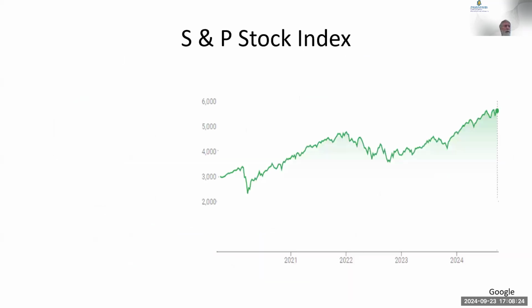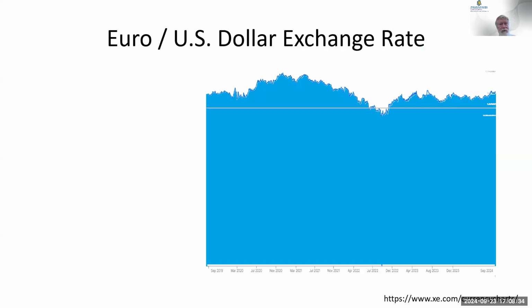There's the Standard & Poor's. Standard & Poor's is an index of 500 stocks on the New York Stock Exchange, and it's been going up, not steady, but not very volatile. There's the exchange between euros and US dollars. It's pretty stable. The line across here is equal, where 1 euro equals $1.